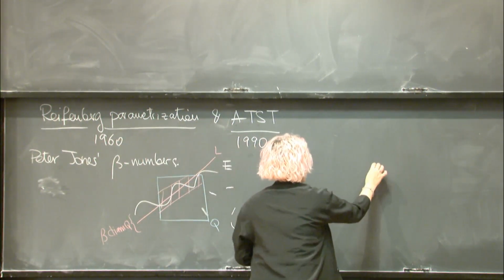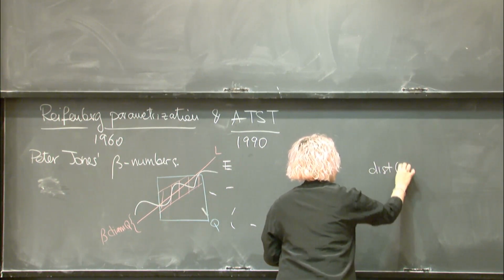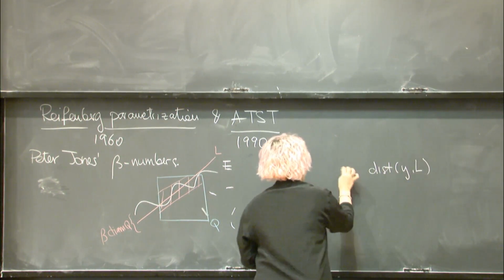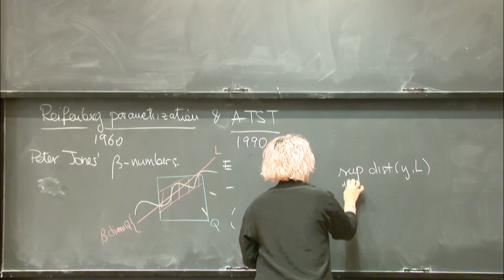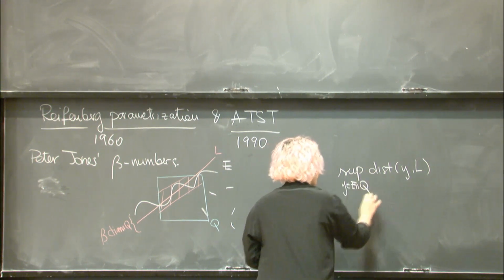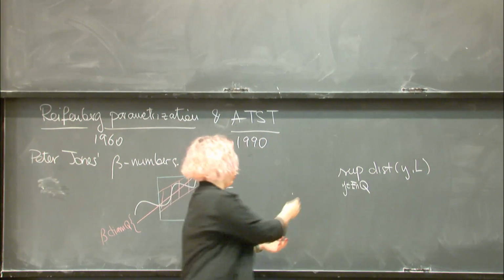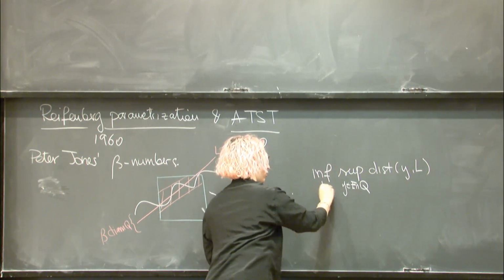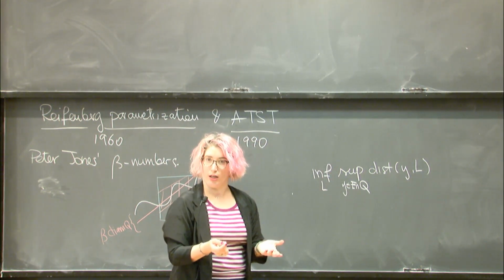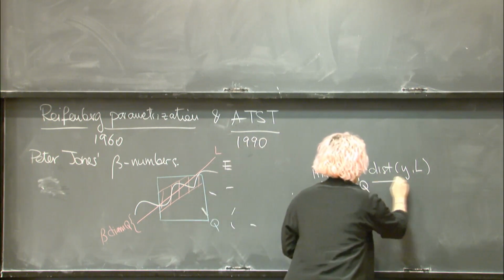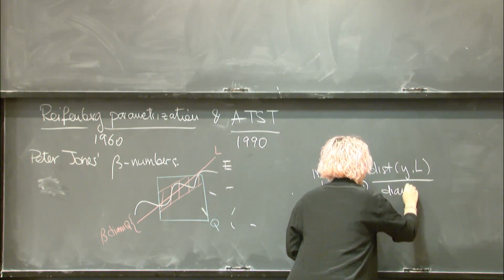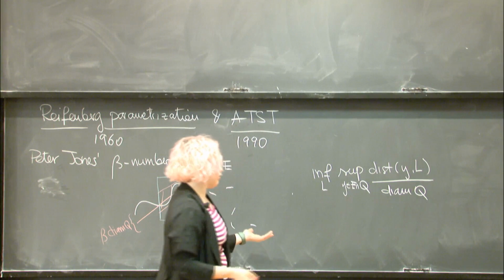So what am I doing? I'm taking the distance from points to a line. Where are my points? My points are in E intersect Q. Which line am I taking? Well, I'm taking the best line, where I'm taking the infimum over all lines. And then I am dividing by the diameter because I want something scale invariant.